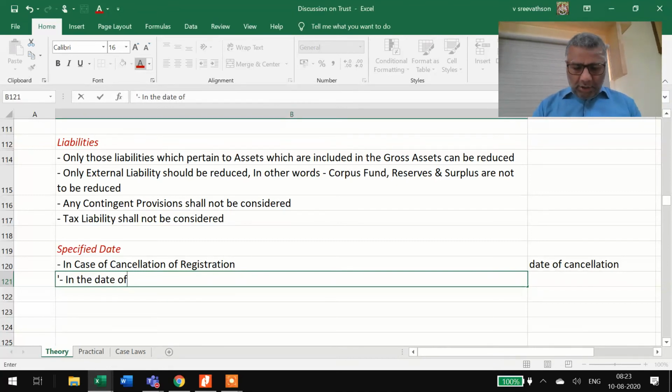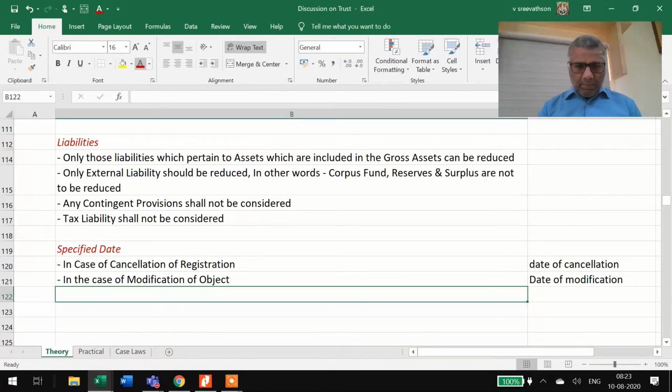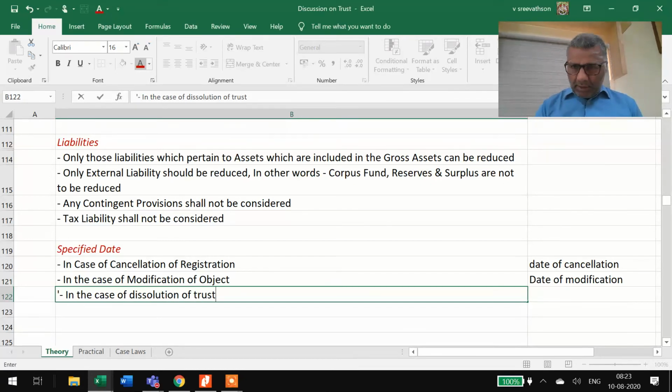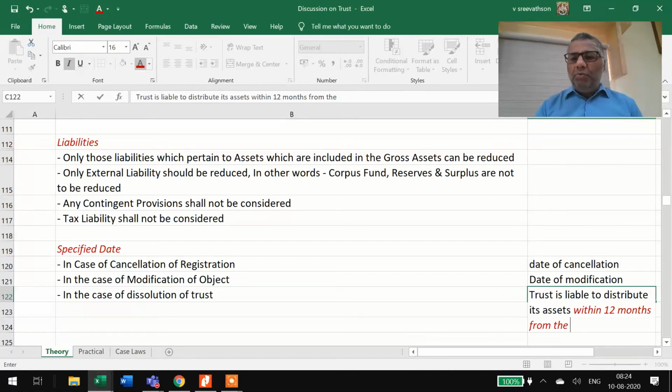The date of modification of object, and in the case of dissolution of trust, the trust is liable to distribute its assets within 12 months from the date of dissolution.